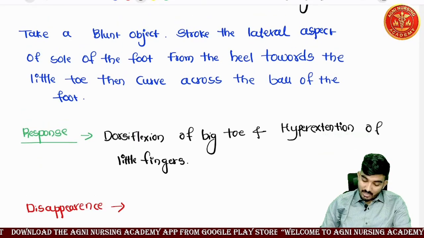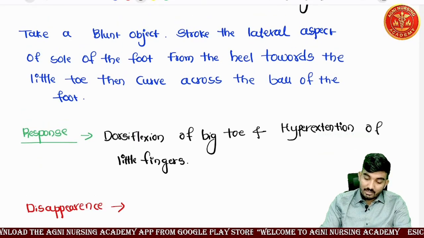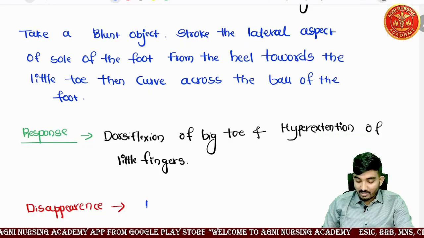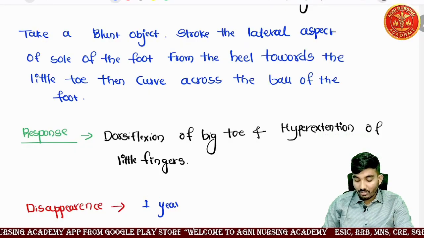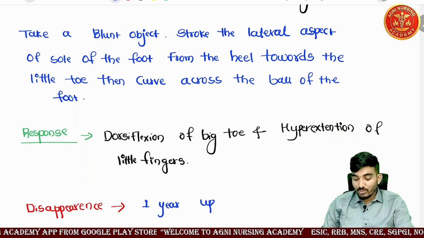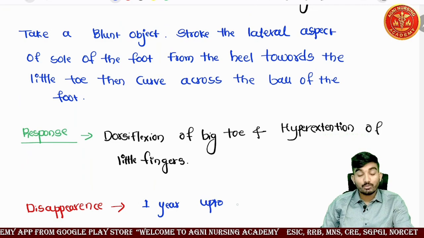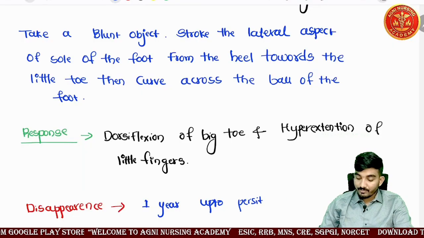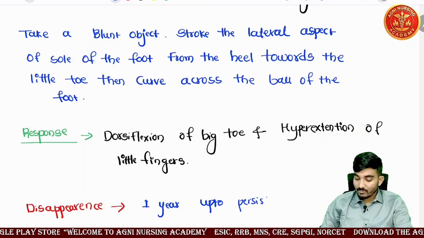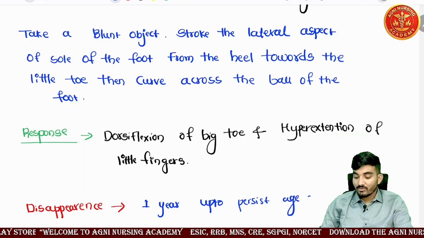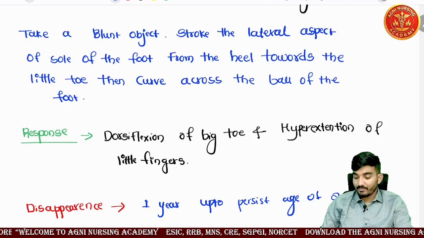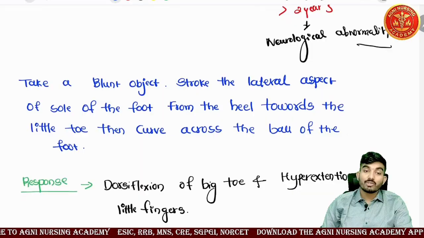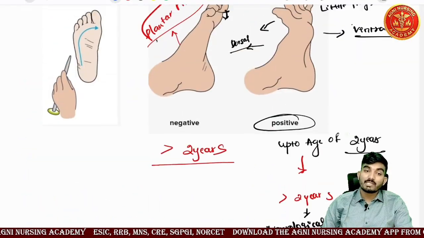Normally it appears at birth and disappears at the age of 1 year. It can persist up to the age of 2 years, and that is called the Babinski reflex.